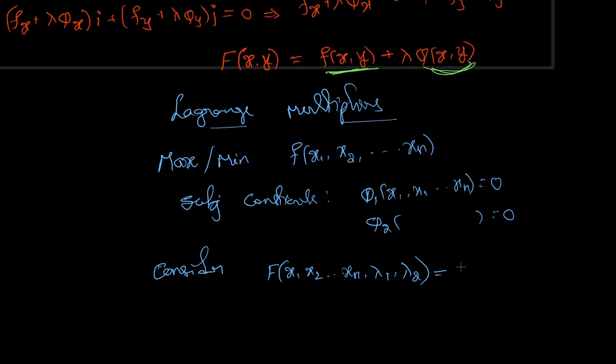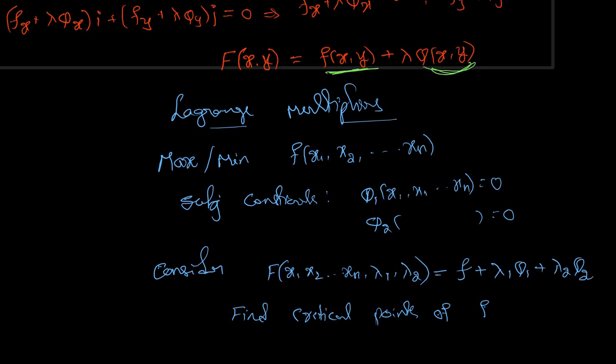This new function is f plus lambda 1 into phi 1 plus lambda 2 into phi 2. Now all you need to do is find the critical points of capital F.